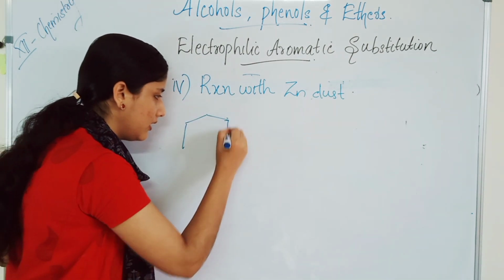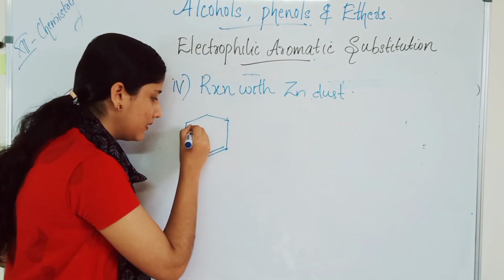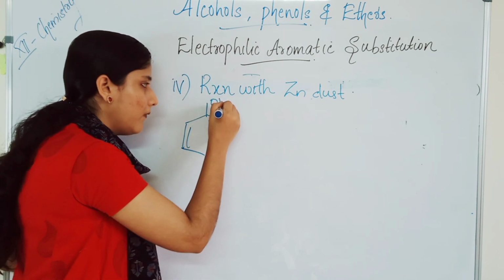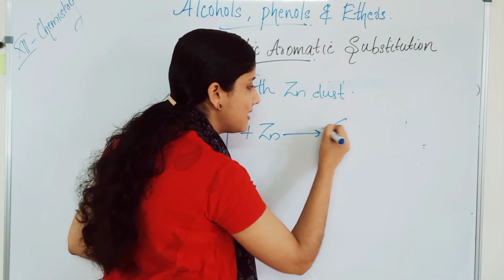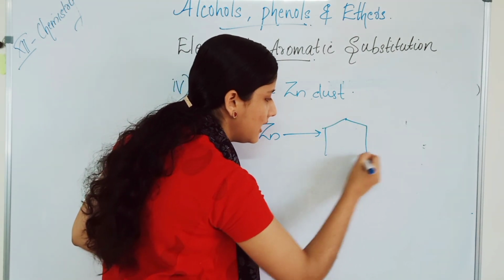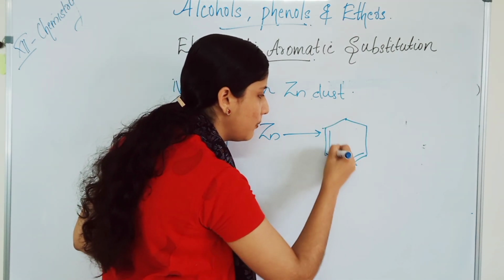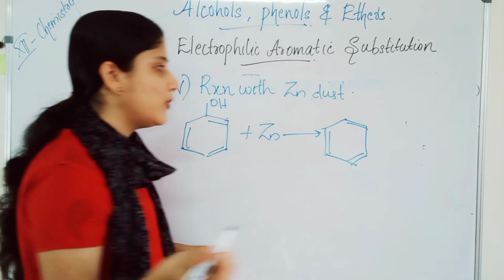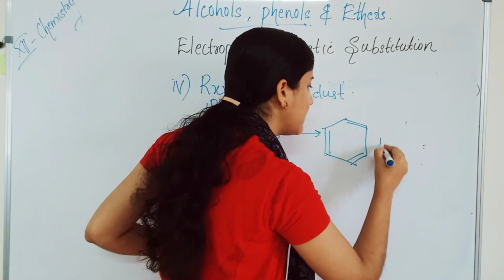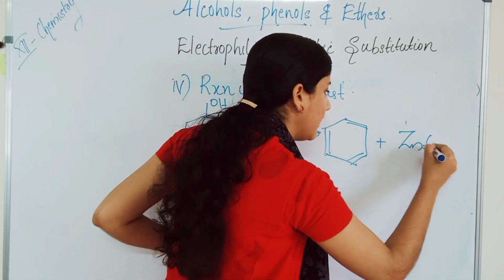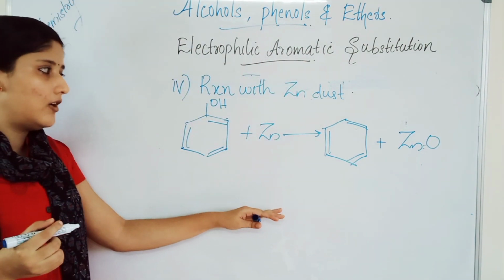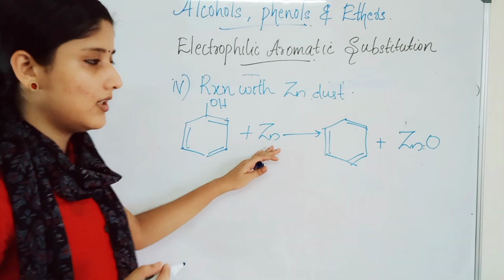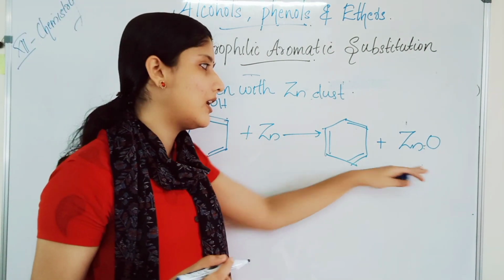Phenol will react with zinc to give you what? Benzene. If we need to convert phenol to benzene, we can react it with zinc. You will get benzene plus ZnO. This is the reaction with zinc dust. Phenol will react with zinc to give you benzene plus ZnO.